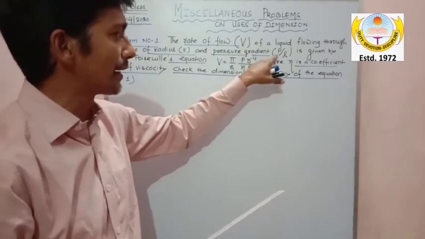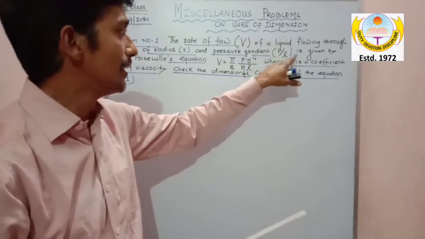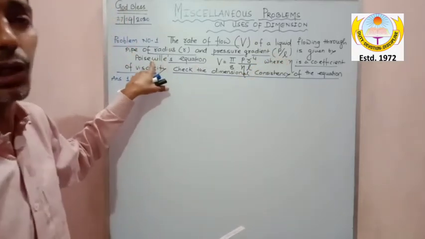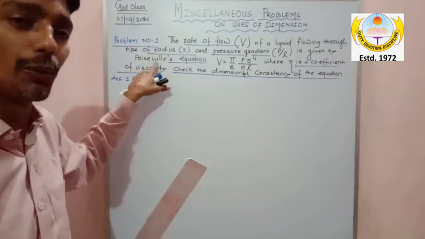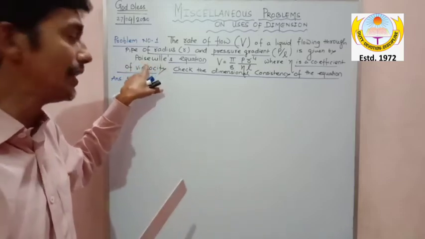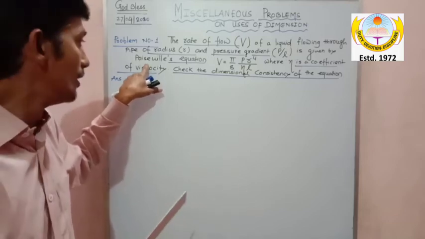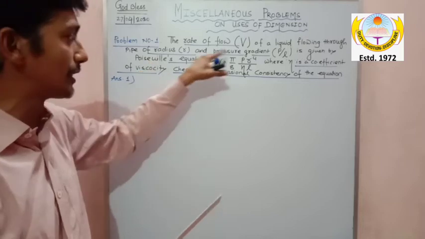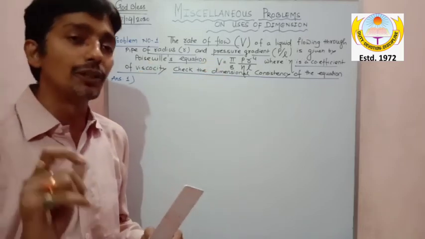And therefore pressure gradient is denoted by P divided by length. It is given by Poiseuille's equation. Poiseuille is the name of a scientist. Poise and Poiseuille are units also. So this equation which I have written on the board is famous by the name Poiseuille's equation.